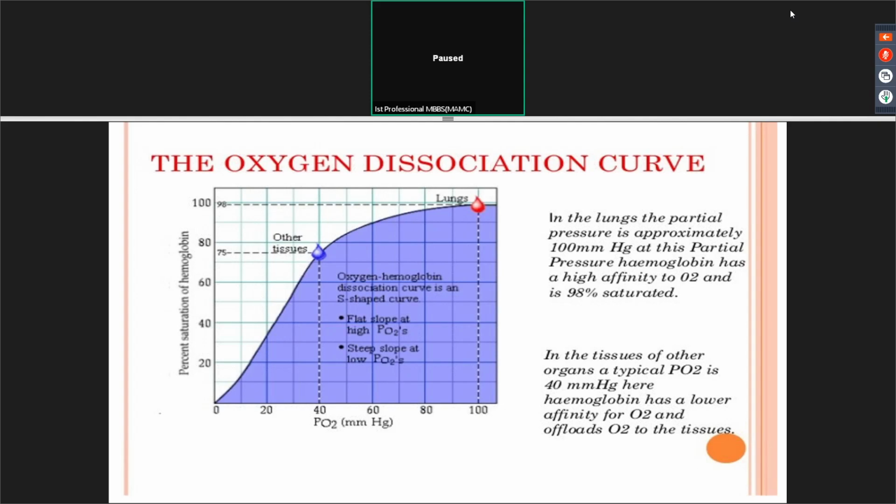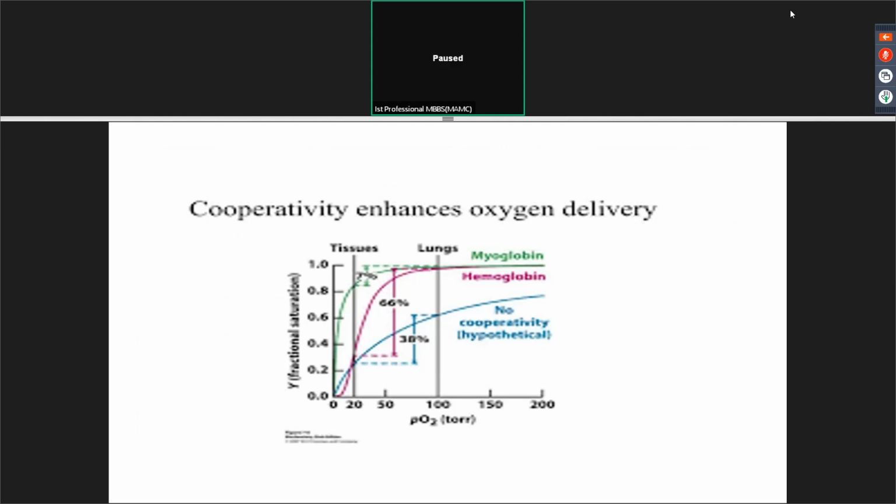So in the tissues of other organs, a typical PO2 is 40 millimeter of mercury, and hemoglobin has a lower affinity for oxygen and offloads oxygen to the tissues. This is why myoglobin, which has a hyperbolic curve, can release only up to 7% of available oxygen to the tissues.